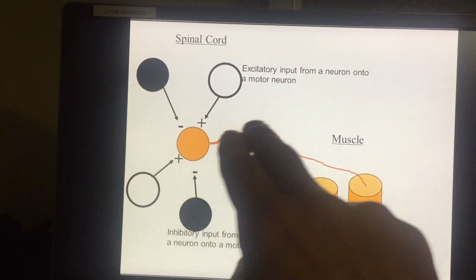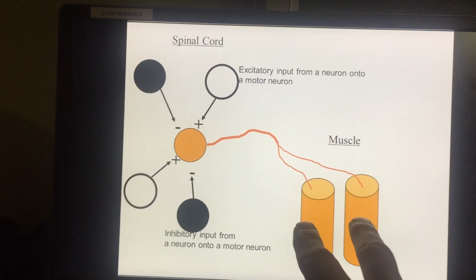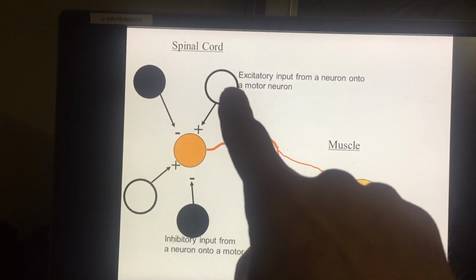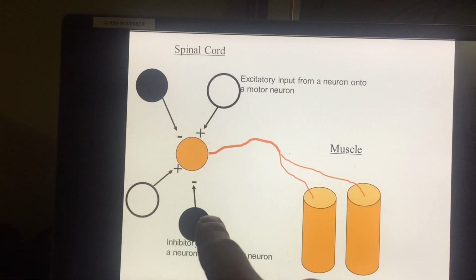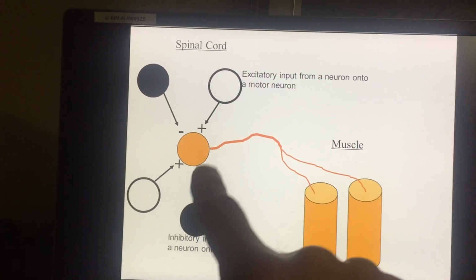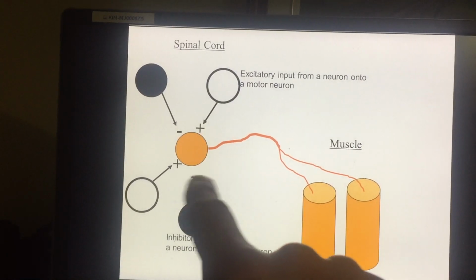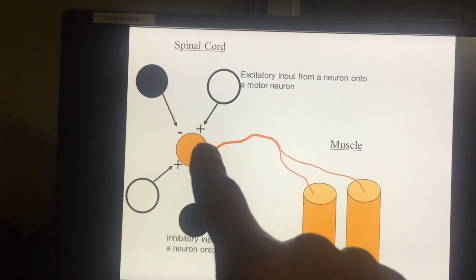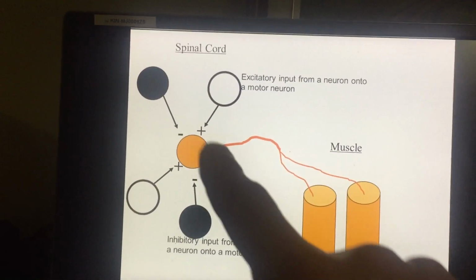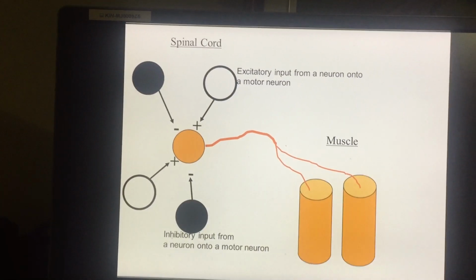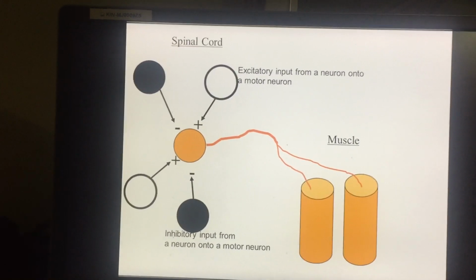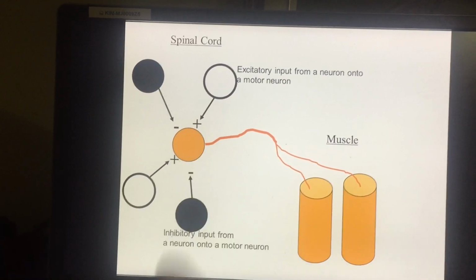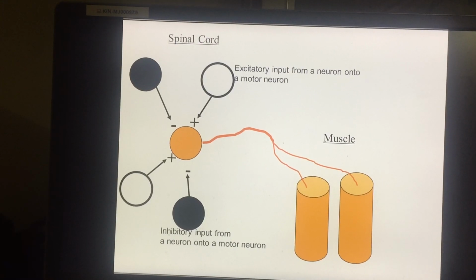Again, this would be one motor unit. And then you've got other neurons that send either inhibitory or excitatory input to that motor neuron. And that sum of excitatory and inhibitory input is going to determine whether or not an action potential actually gets generated in this motor neuron.